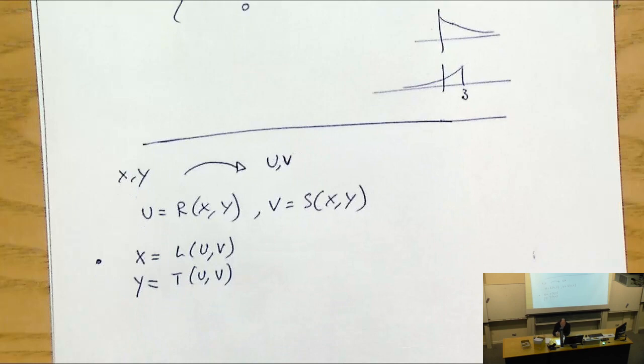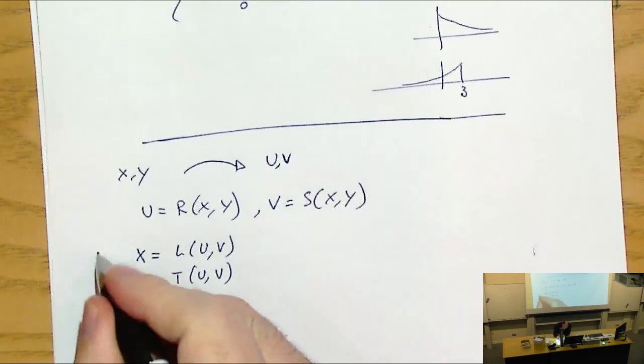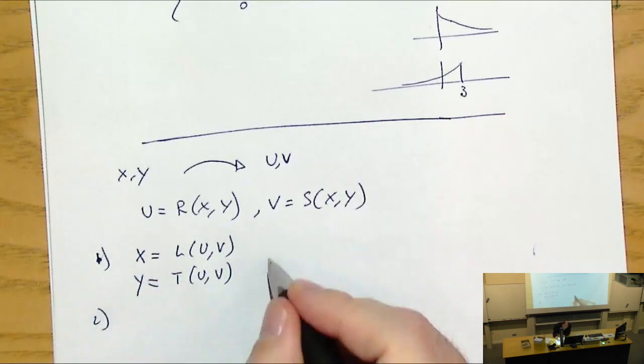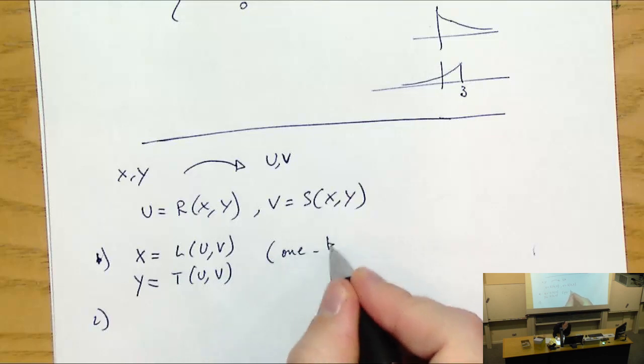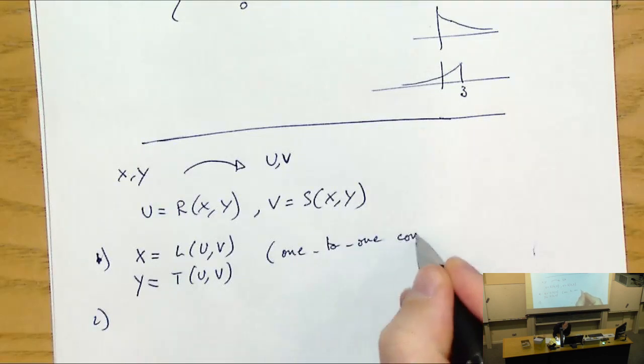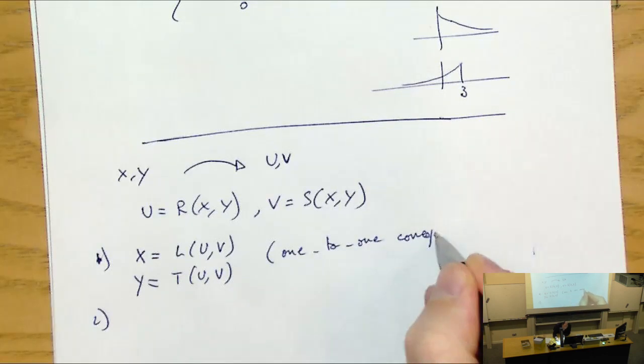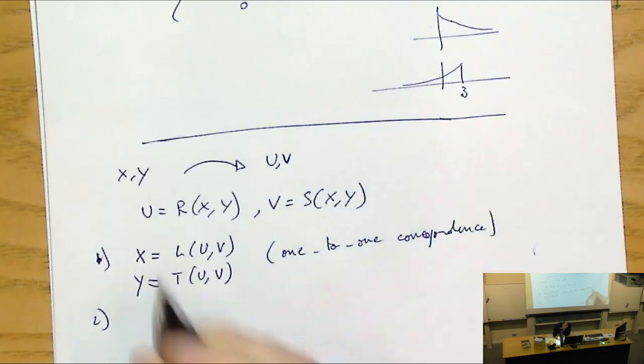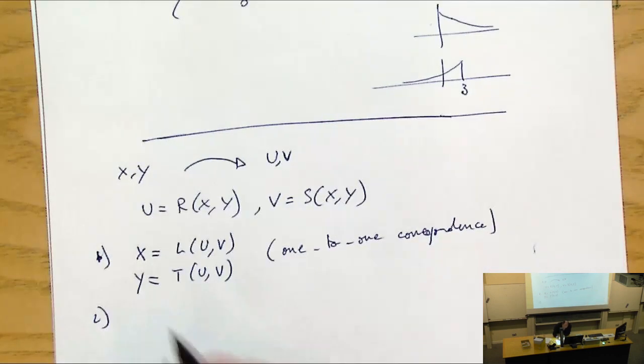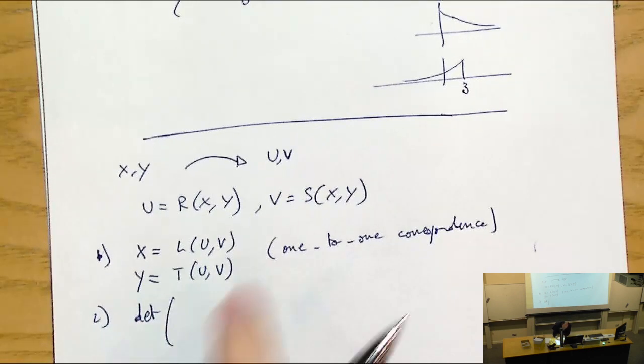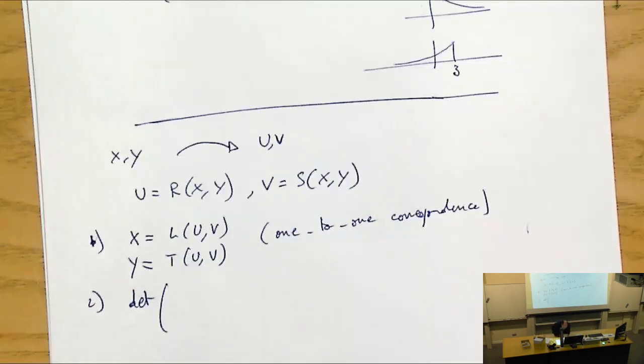So I just invert the relationship. This is the first condition. The second one: if the determinant of the Jacobian of that transformation is non-zero, then you can compute this.